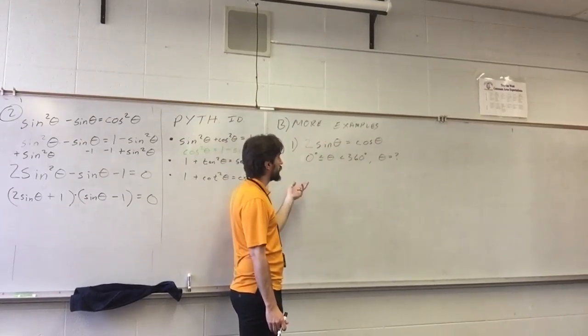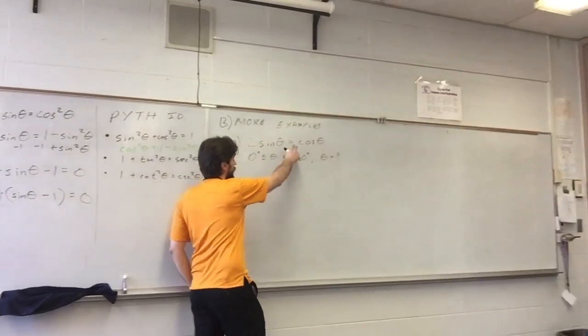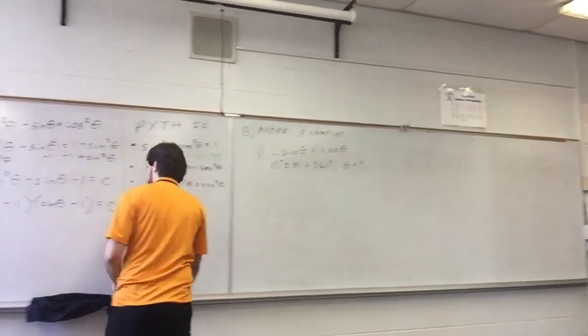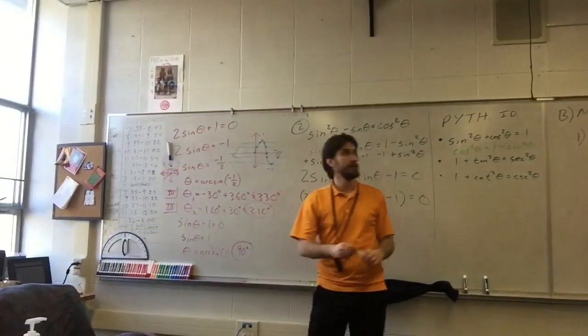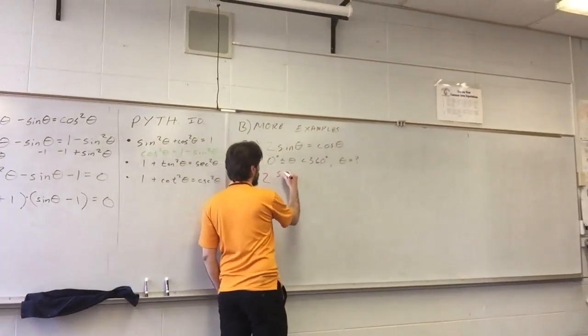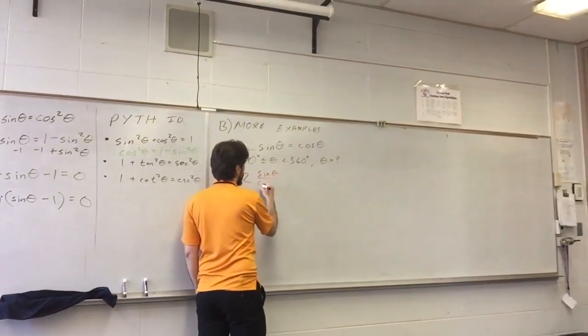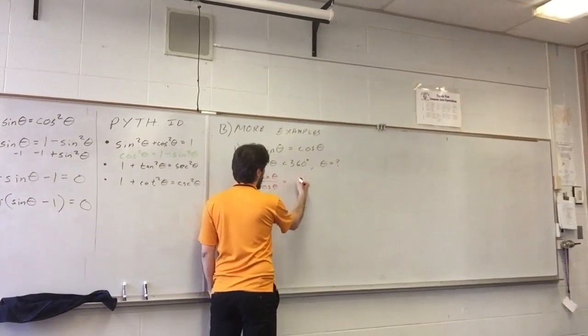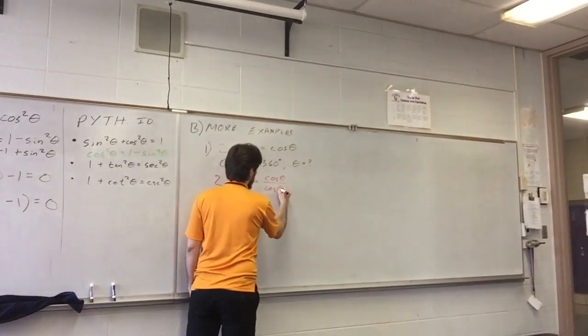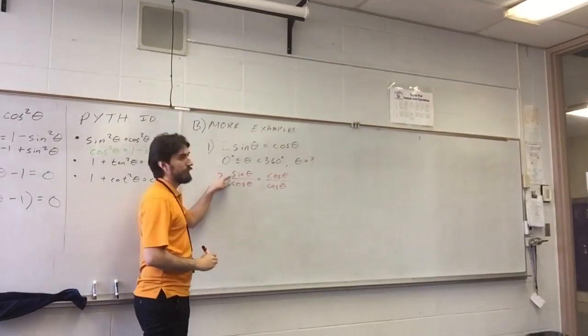And here's what you should do. Let's go ahead and as our first step, divide both sides by the cosine of theta. If you divide both sides by the cosine of theta, what is sine divided by cosine?